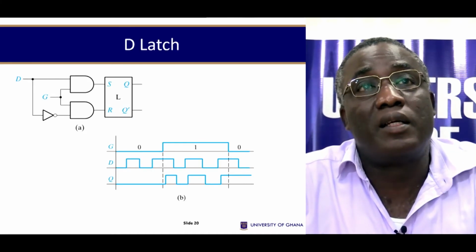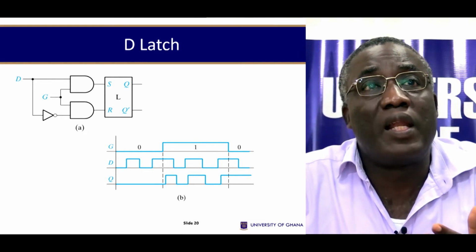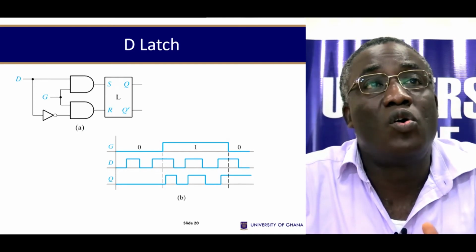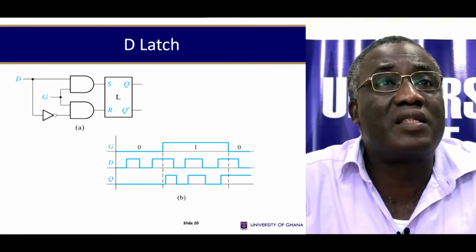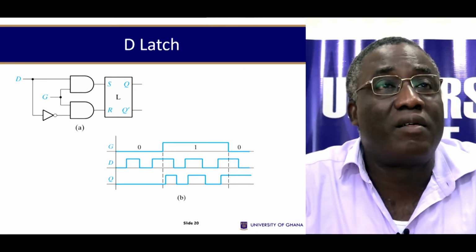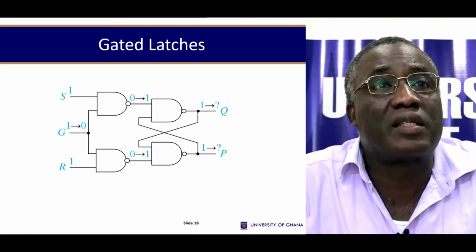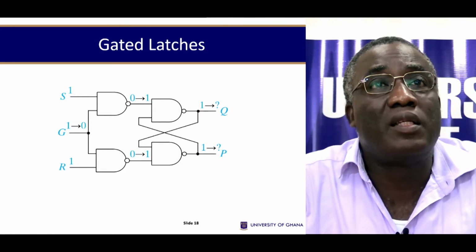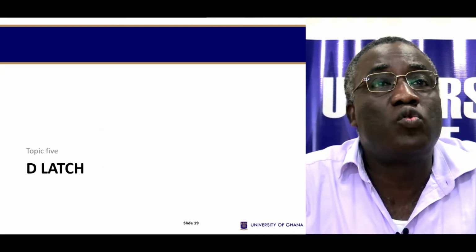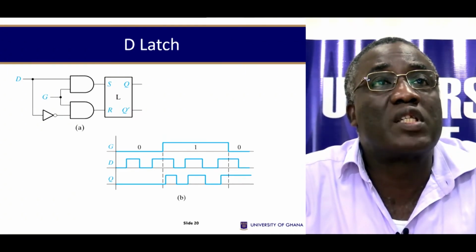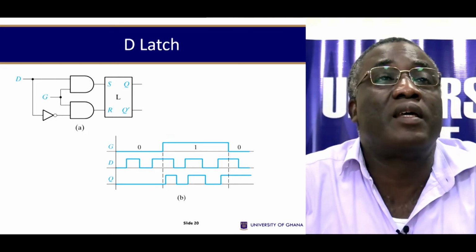Now the D latch. The D latch is very similar to the gated latch, except that now you combine the S and the R, and then you invert the input to the R. So this is combined as one input with an inverter here.